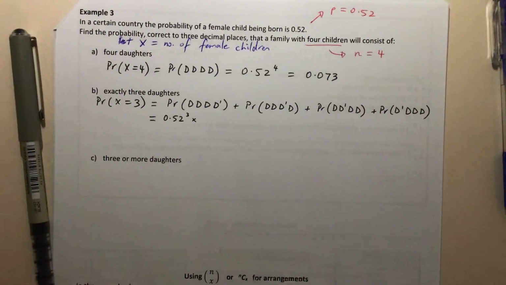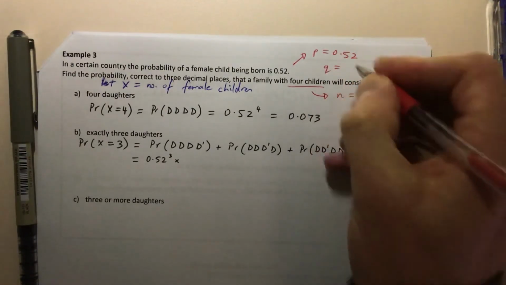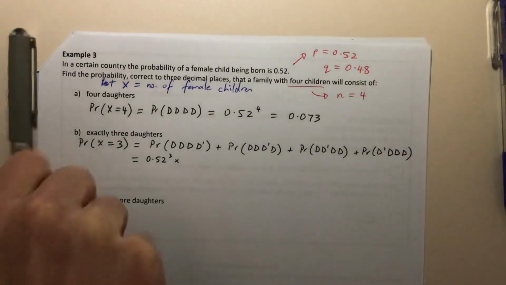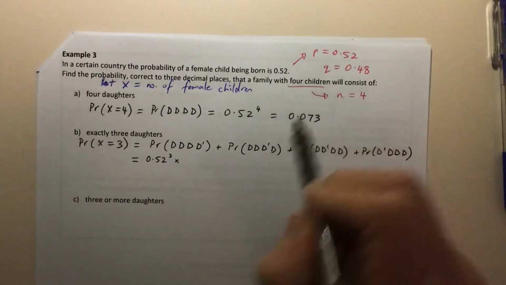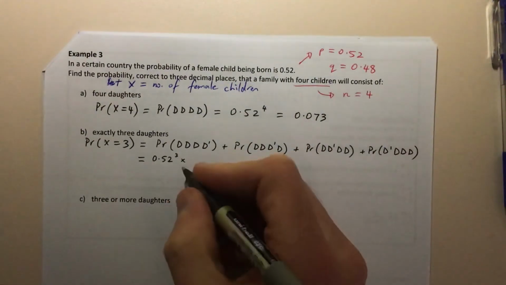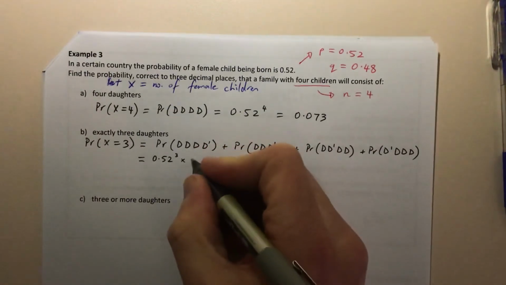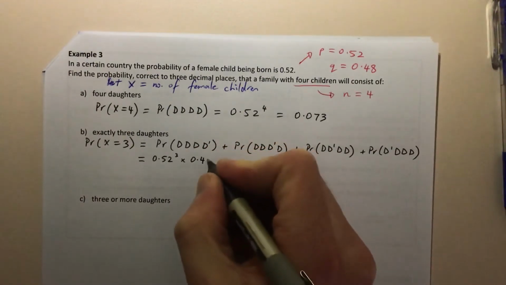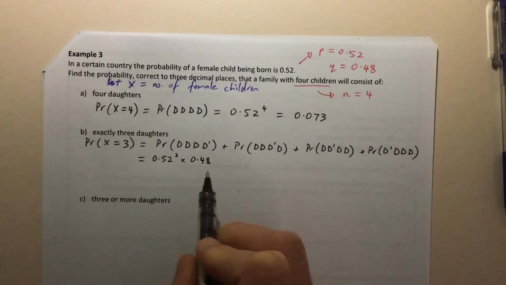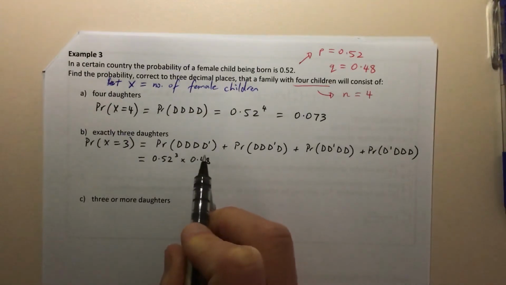In fact you can write that as q equals 1 minus 0.52, and that would be 0.48. If p is the probability of success, then q is the probability of failure. So we're considering it failure if a child is born not female. I'll let you decide whether you agree or disagree with that. So it's 0.52 to the power of 3 times 0.48. That's the probability of getting female, female, female, not female in that order.